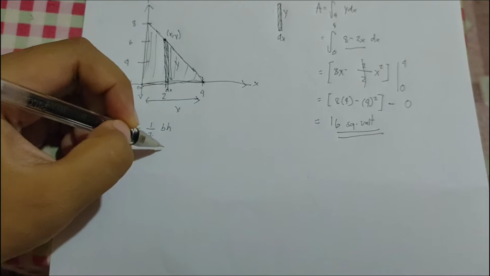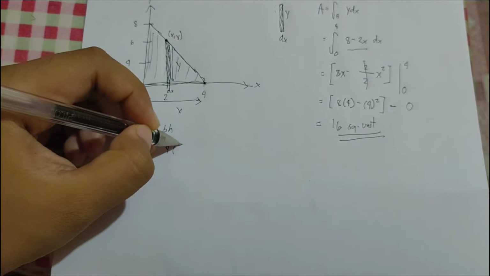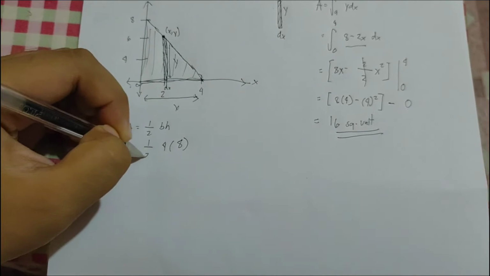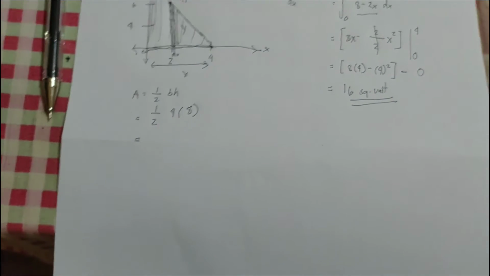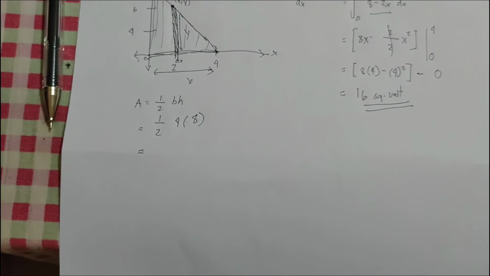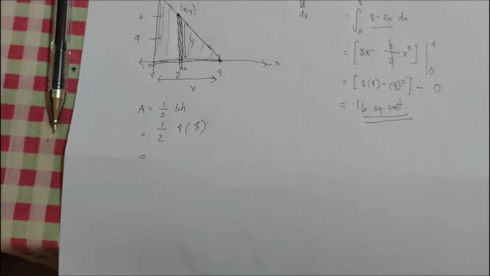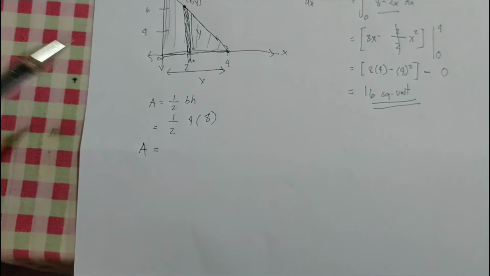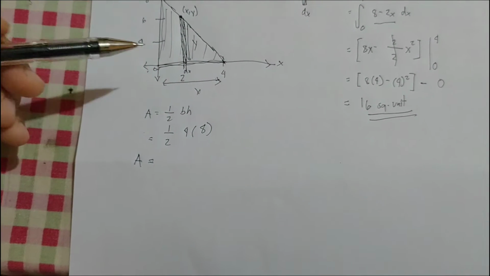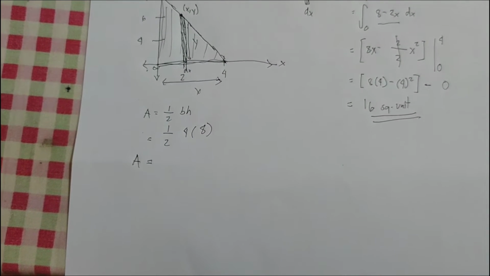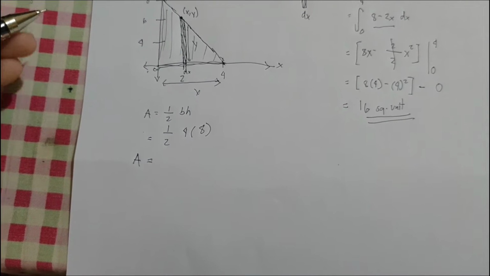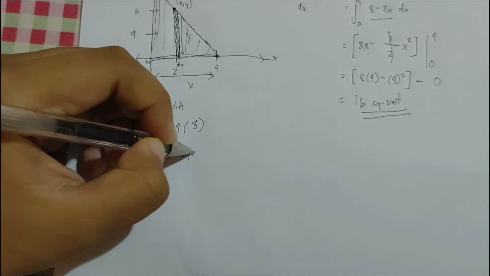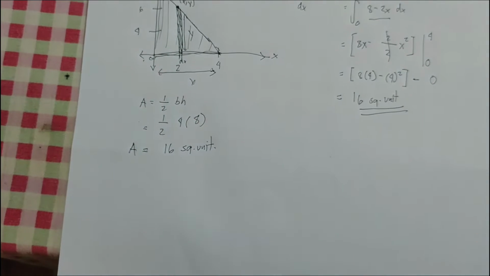So our base would be 4 and our height is 8, times 1/2. To solve the area, 8 times 4 is 32, divided by 2 is 16. 16 square unit. That's it.